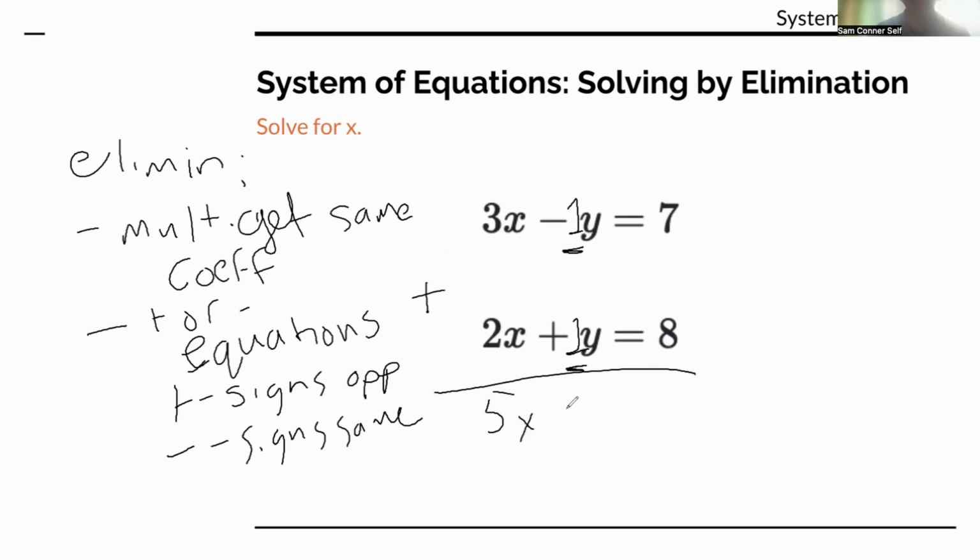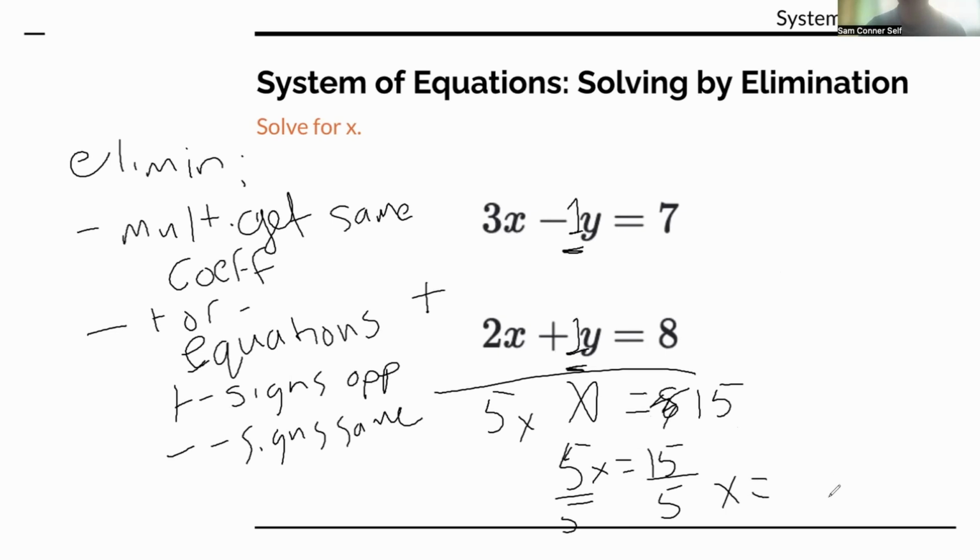So this will give you 5x, and then -1 plus +1 is just going to be 0, so there's not going to be anything there, equals 15. So rewriting that without the space for the y term, it's going to be 5x equals 15. Then you just divide by 5 on both sides, like usual, to get x equals 3.